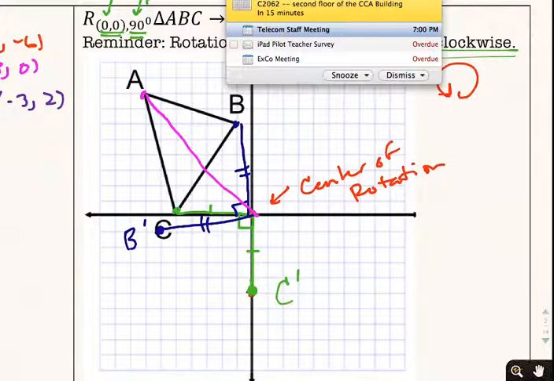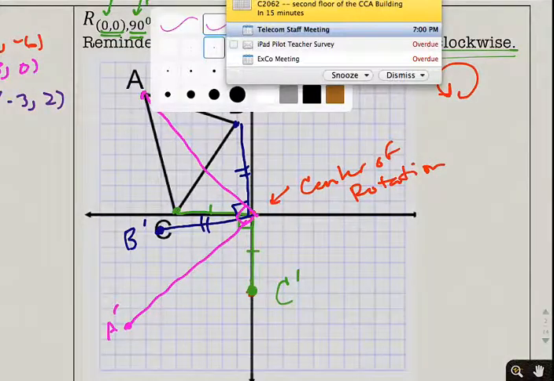Okay, so instead of going left 7 and up 8, I'm going to go down 7 and left 8. Okay, so A prime is right there. Again, we have 90, and then we can fill that in.